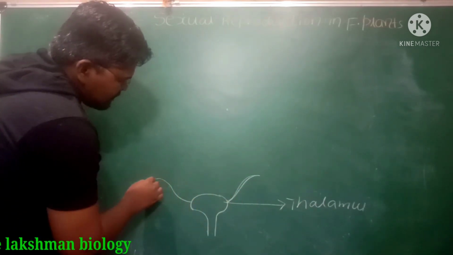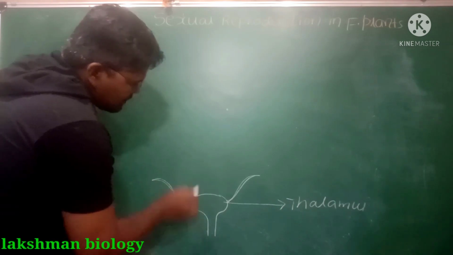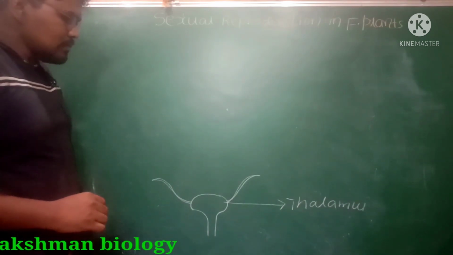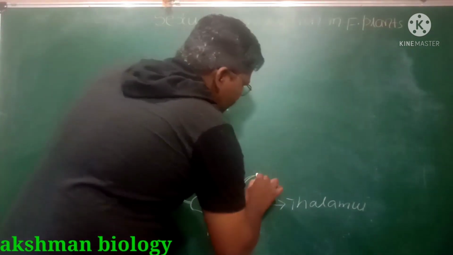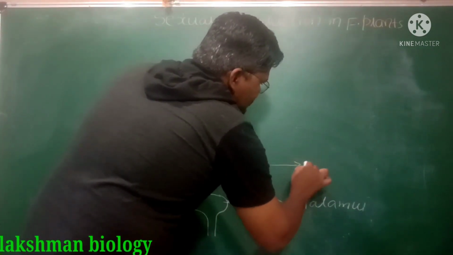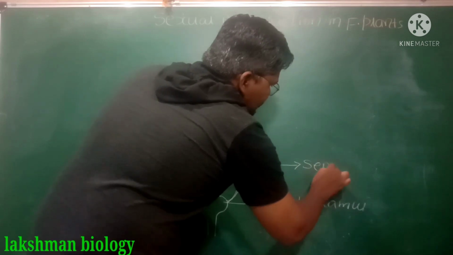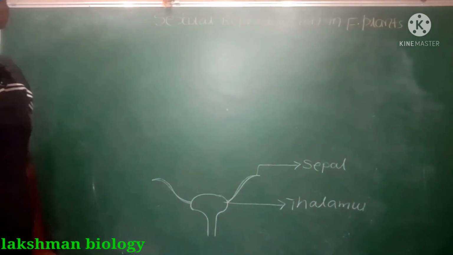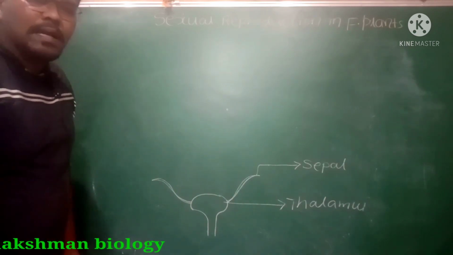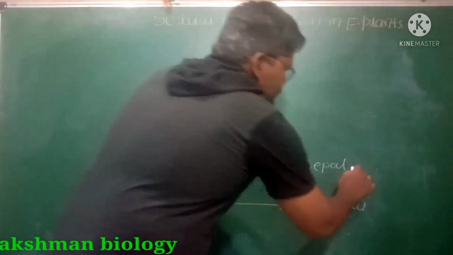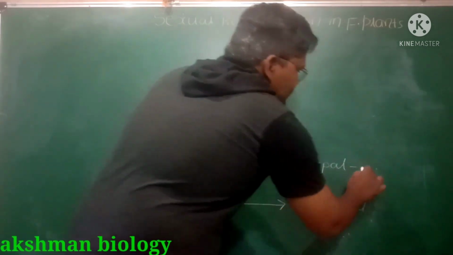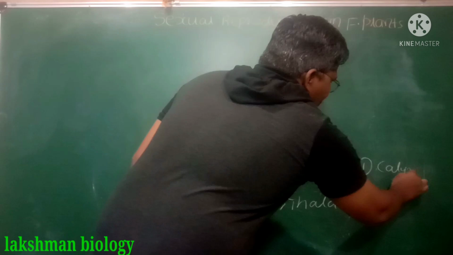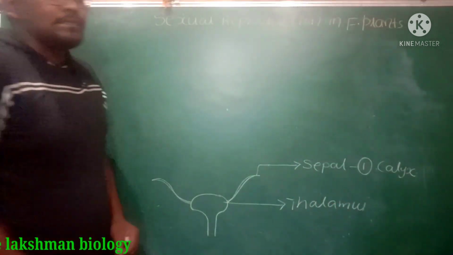That is, number 1 is calyx. What is the calyx? All sepals which are present in the flower combinedly are called calyx. Calyx will form the first part of a flower.